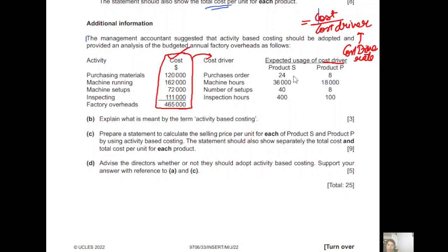So if you add 24 plus 8, we can say the cost driver for purchase order is 24 plus 8, that is 32. Then 36,000 plus 18,000, my cost driver for machine hour is 54,000.